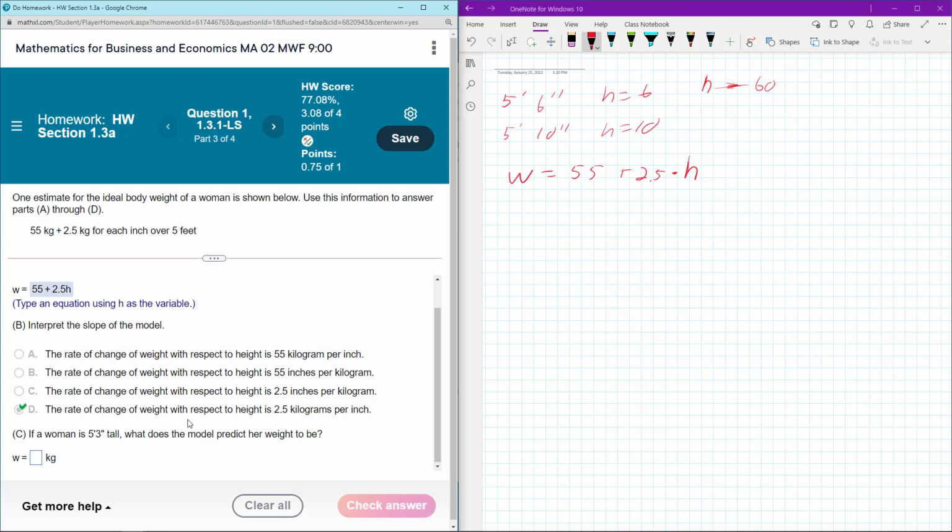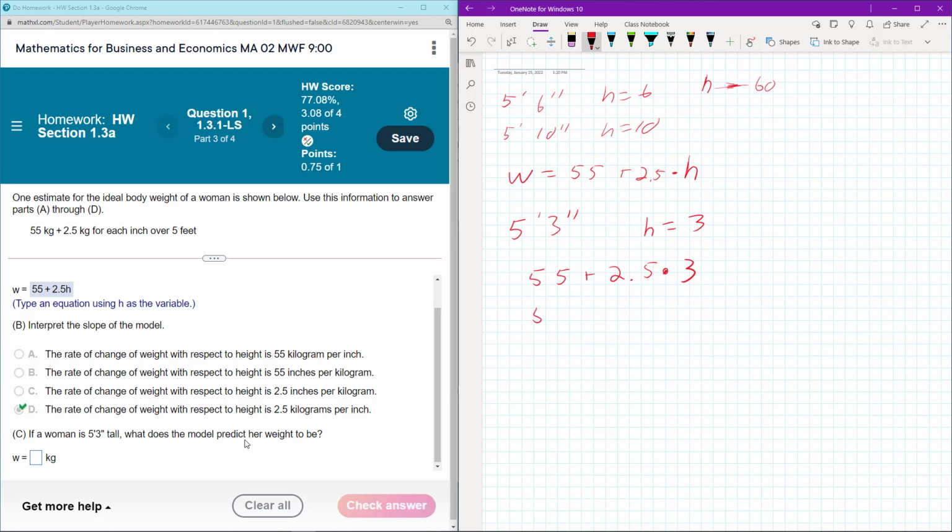Now for part C, the woman is 5 feet 3 inches tall. What does the model predict her weight to be? Once again, if she is 5 feet 3 inches, then H will be equal to 3. So we have 55 plus 2.5 times 3.